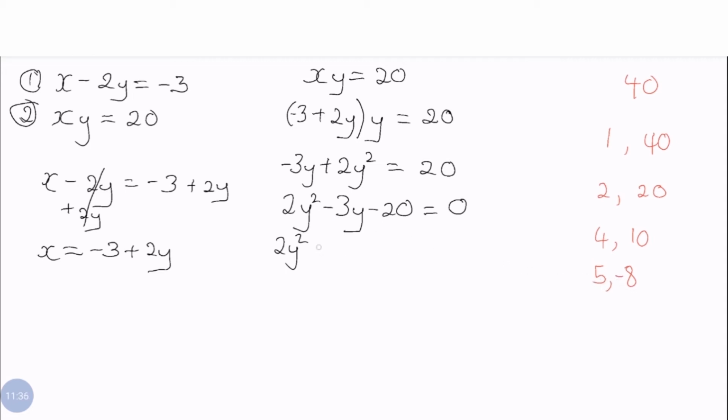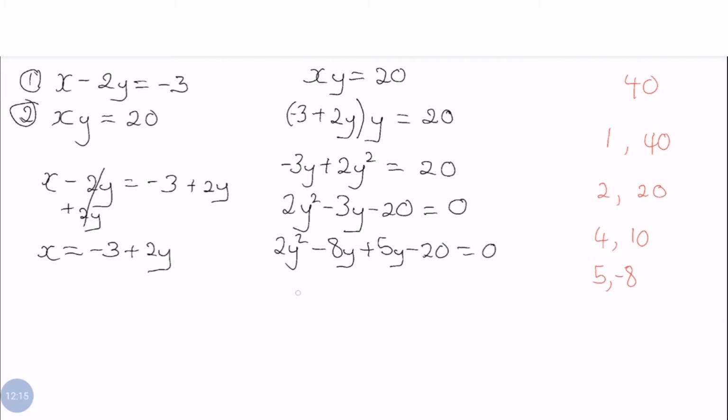So we will have negative 8y plus 5y, because negative 8 plus 5 gives you negative 3y, which is the same thing, but we just distributed these two factors to get negative 3y. So let us finish up with the negative 20. We'll bring it down, negative 20 equal to 0.